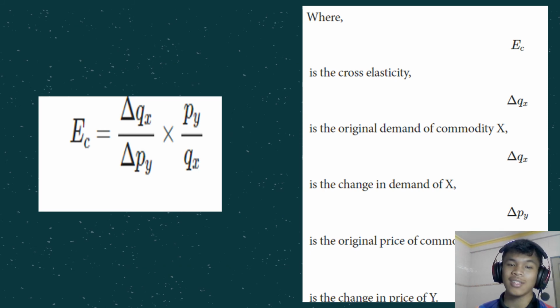EC means the cross elasticity, while the QX on the left side means the original demand of commodity X, and the QX on the right side means the change in demand of X. PY on the left means the original price of commodity Y, and the PY on the right side is the change in price of Y. So that is the meaning of the formula.